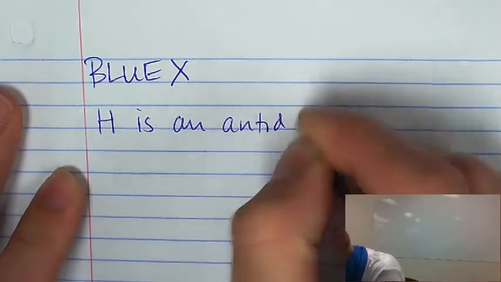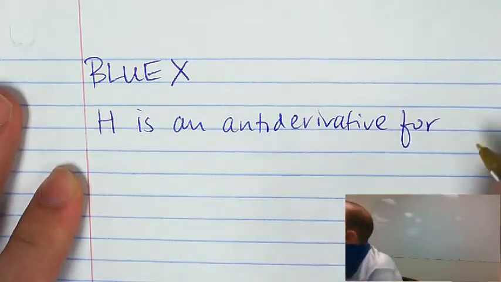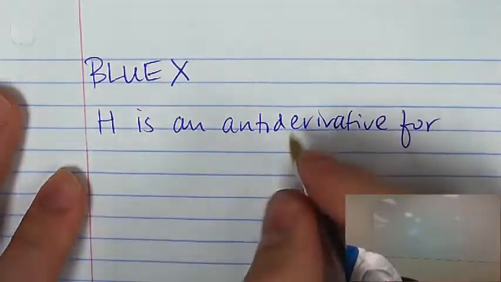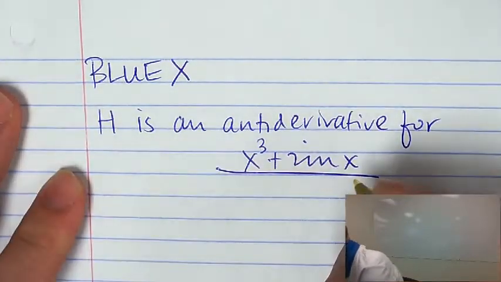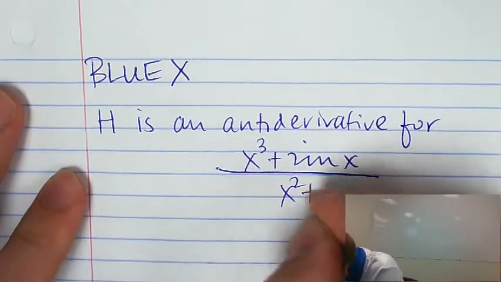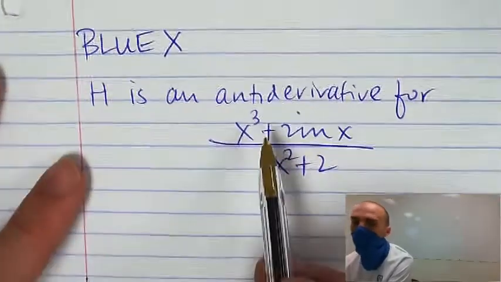H is an antiderivative for the function x to the 3 plus sine x over x squared plus 2. Meaning, if h is the antiderivative, this is the derivative.